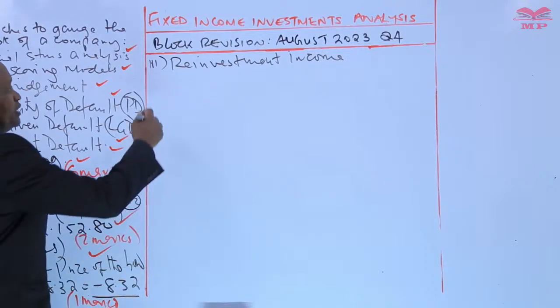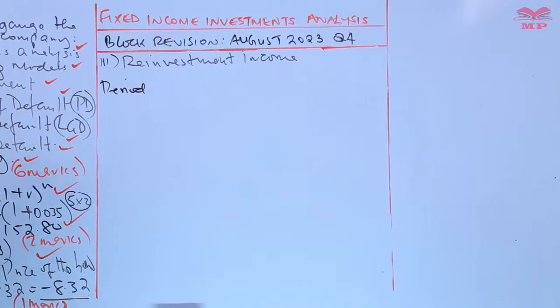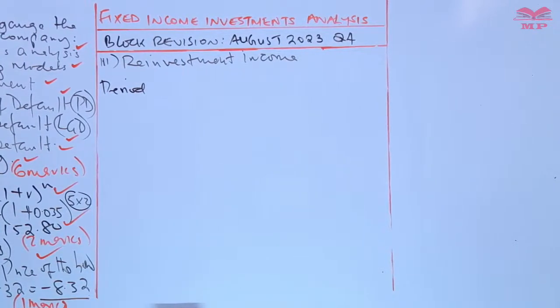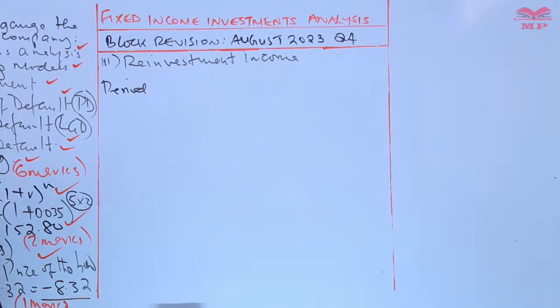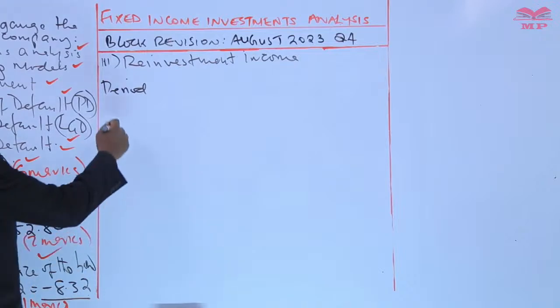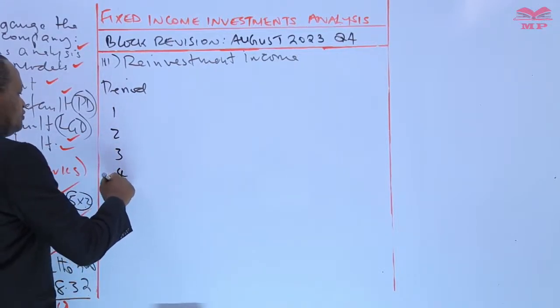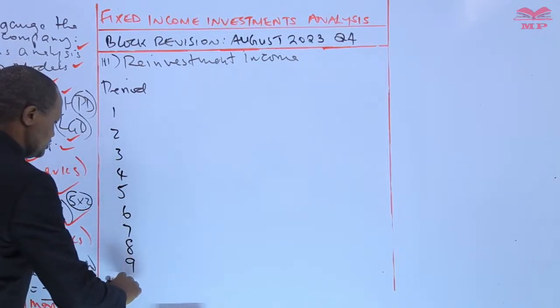So we are going to have a column here for the period. We have 10 periods. This is 5 times 2, because it is 5 years, interest is earned semi-annually, and therefore the periods will be 5 times 2, which is 10 periods: 1, 2, 3, 4, 5, 6, 7, 8, 9, 10.